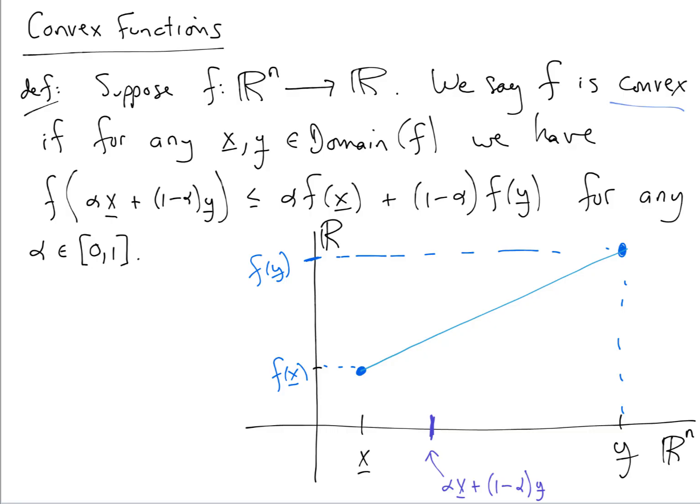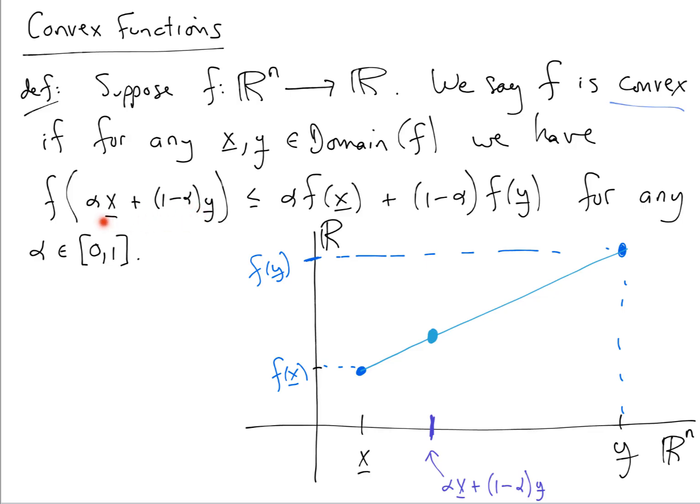Now coming back to the idea of alpha being fixed, when we fixed alpha, we had this value here for the weighted average of x and y, and we now have this value here for the right-hand side. The one thing we have left to do is to take this weighted average of x and y and plug it into the function, which we will do and now see the key to the definition of convexity.